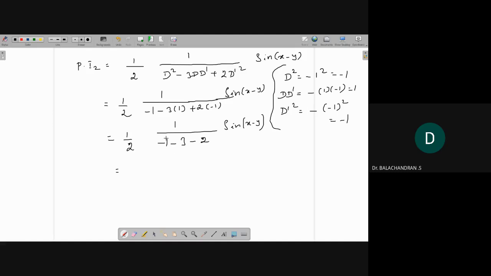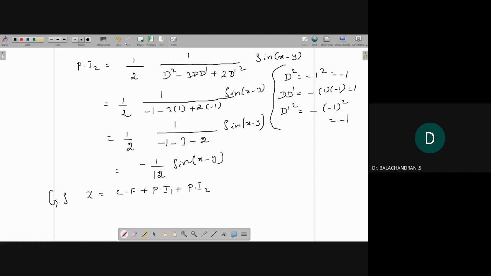So minus 1 by 12 into sine of x minus y. So the general solution is z equal to CF plus PI1 plus PI2.